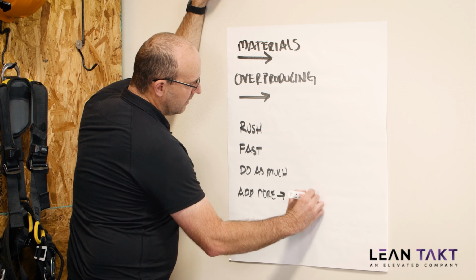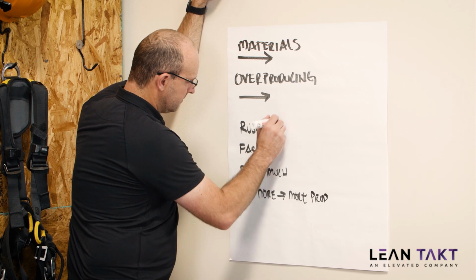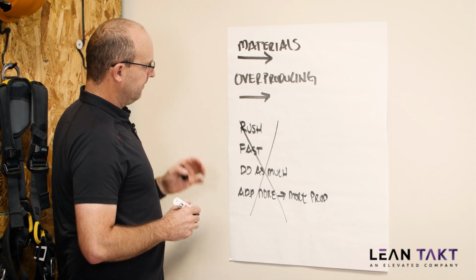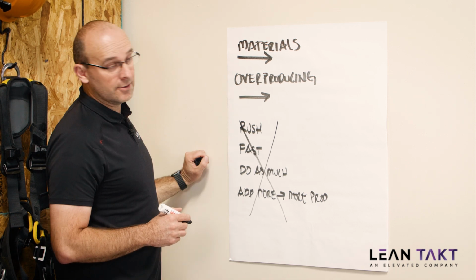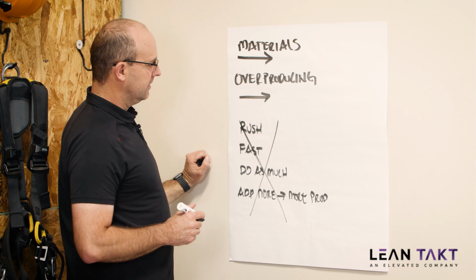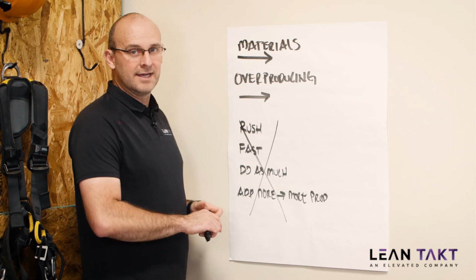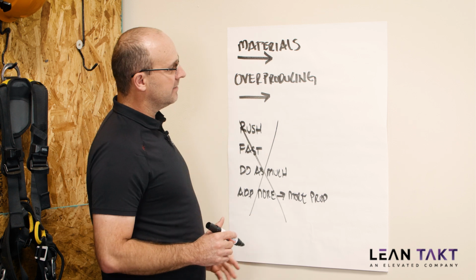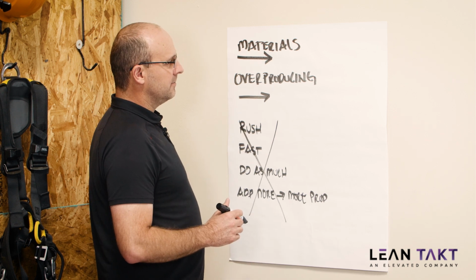Okay? These are all false. All false. In fact, if the devil was real, this is exactly what he would tell you to do to completely tank your project. And I'm going to explain why this happens, and at least from the standpoint of the 8 wastes, why this is a bad deal.